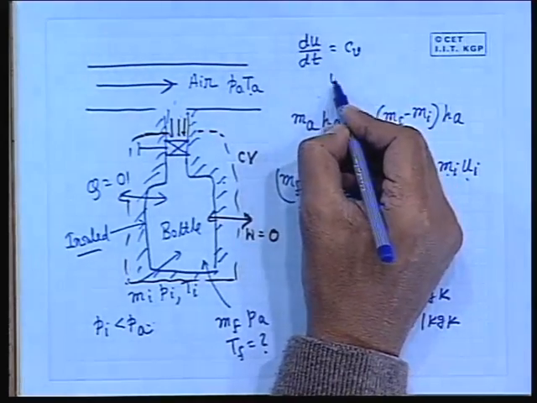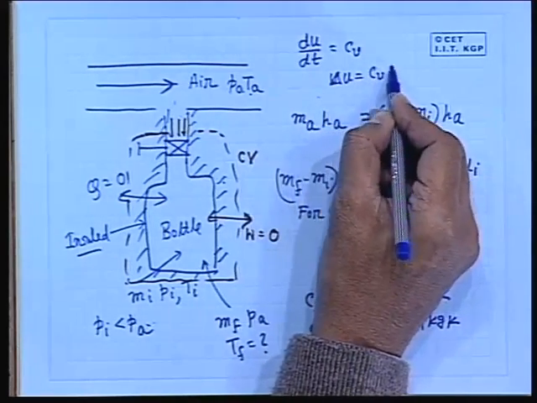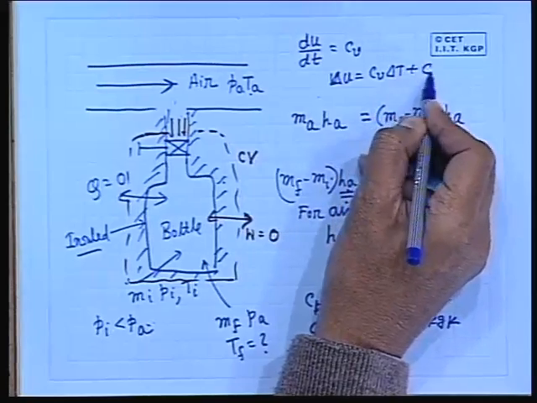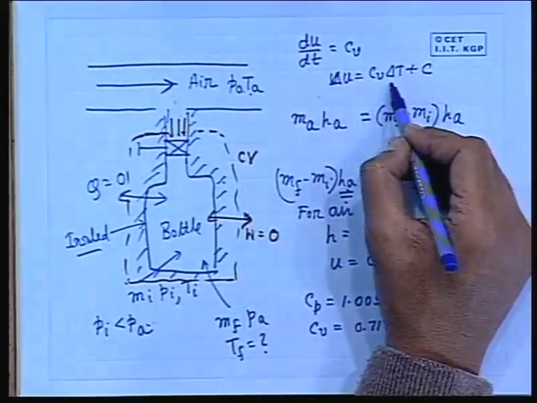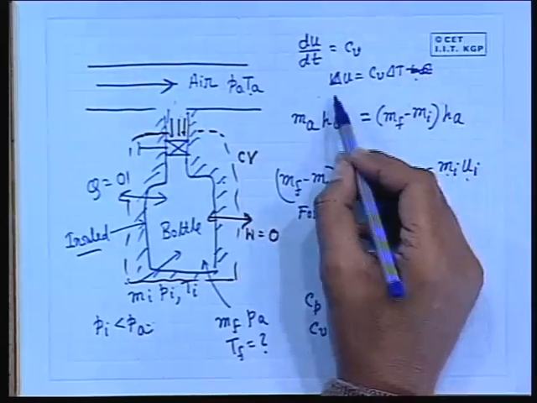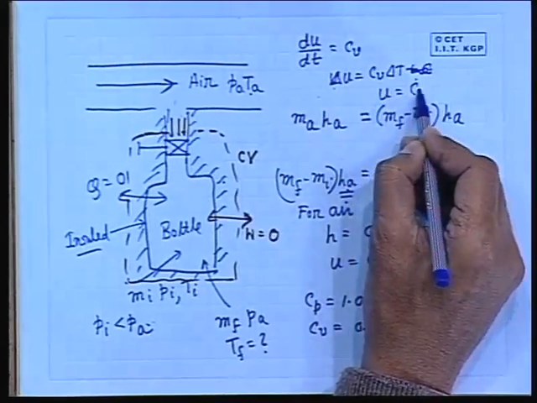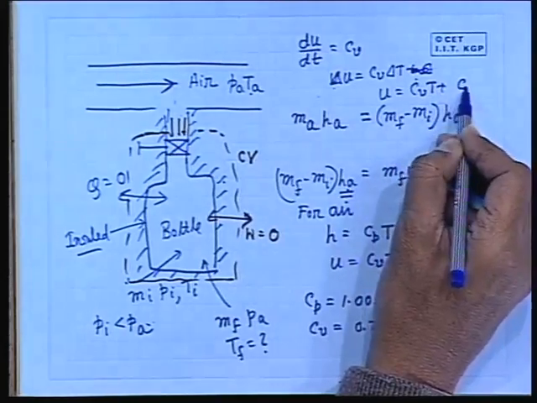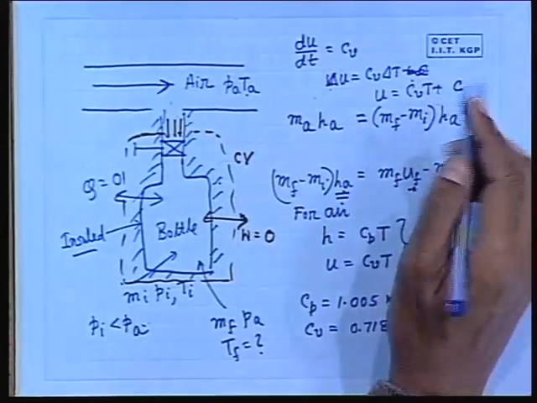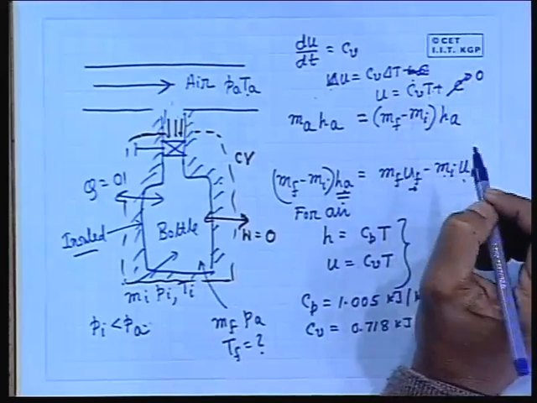If you integrate it, you get u is Cv t plus a constant. If you make the assumption that at T equal to 0 the internal energy is 0, then the constant is 0 and u is Cv into T.